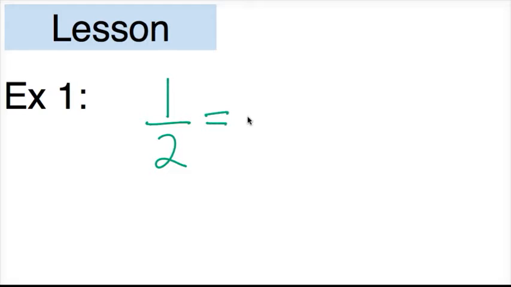So I want to think, is there something I could multiply 2 by that would give me a power of 10? Is there something times 2 that equals 10? Or 100? Or 1,000? I'm hoping you said 2 times 5 equals 10. That's a power of 10.